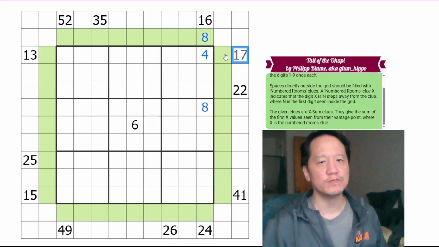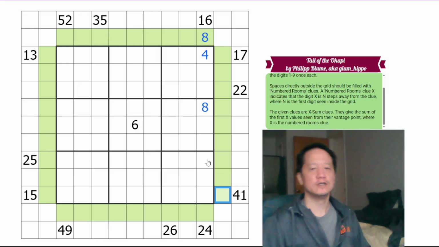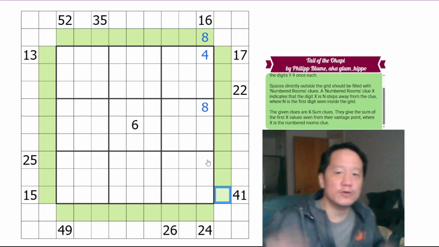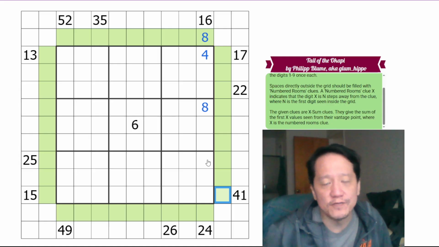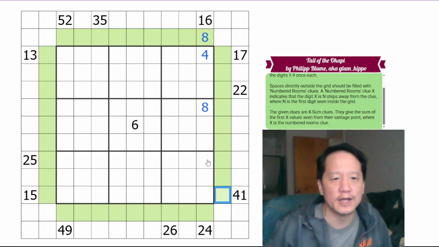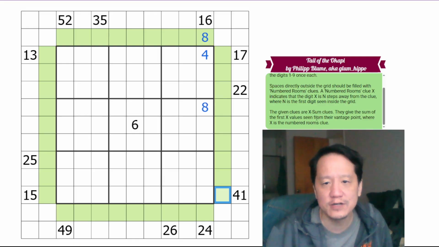So the X for this sum is here, the X for this sum is here, the X for this sum is here, et cetera. And those are all the rules. If you'd like to play along, there's going to be a link in the description. And now I'm going to get started.